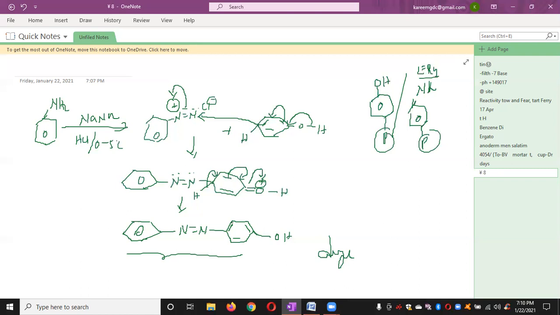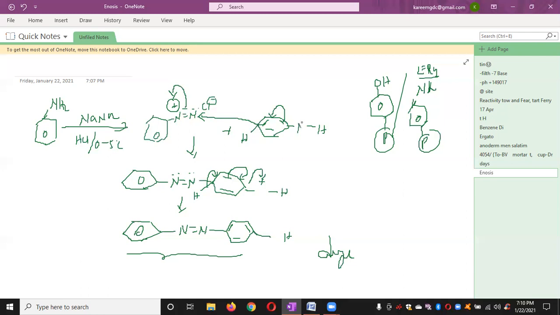In the same manner, aniline. Again, one more aniline. Okay, I will show you another slide, or else we can show it here also, so it becomes a bit easier. Just replace the oxygen with nitrogen. Consider it is aniline.